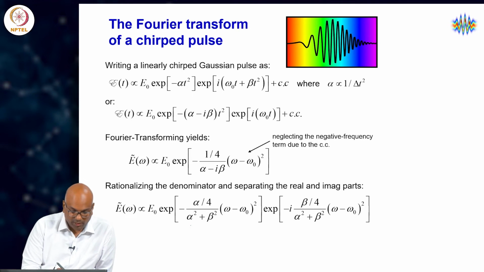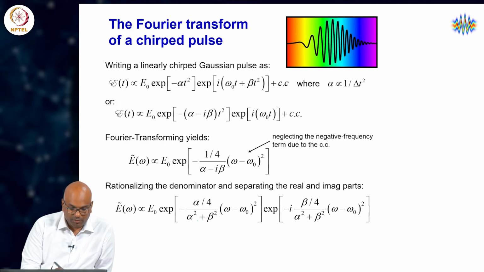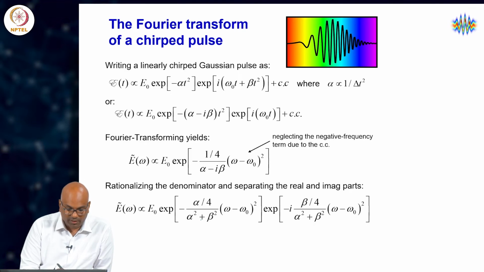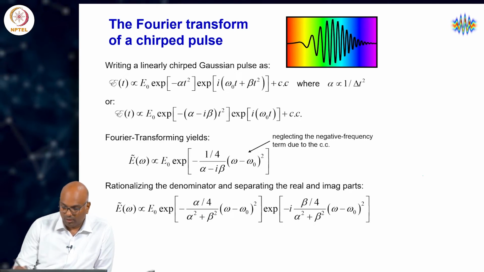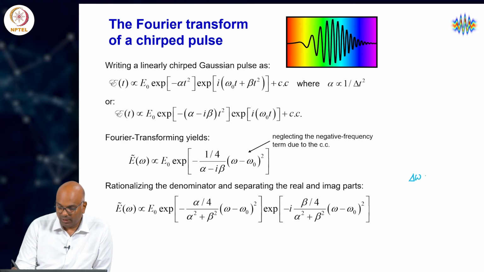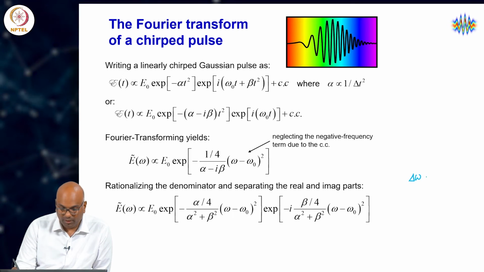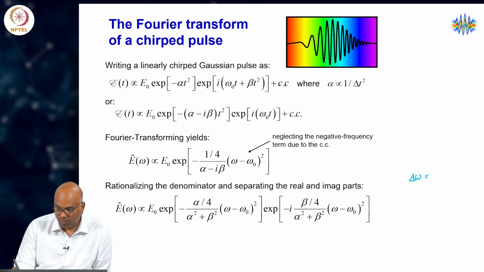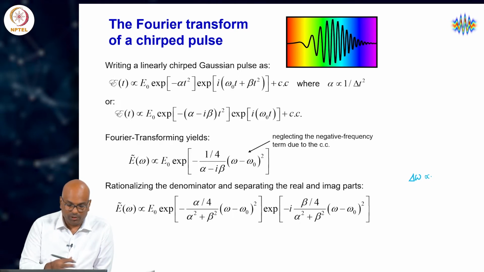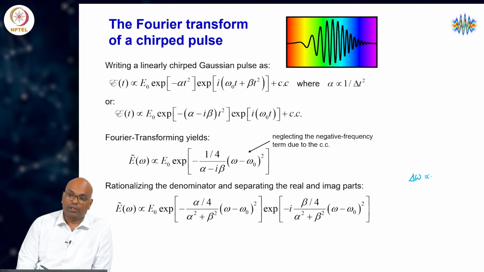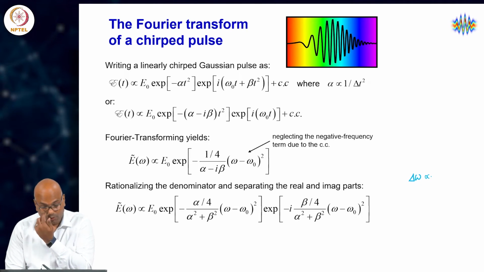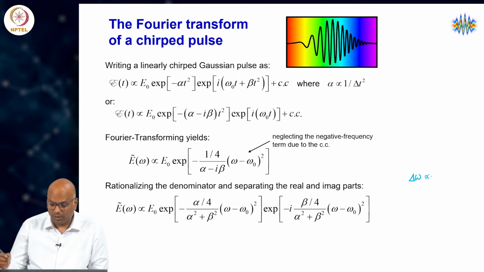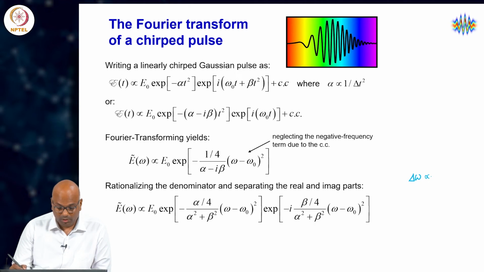Here the width itself is related in the spectral domain. So, the delta omega in the spectral domain is proportional to, because of how I define delta omega, whether half width at 1 over e or full width at half maximum, and so on. Choose whatever it is, they would only differ by a constant factor.